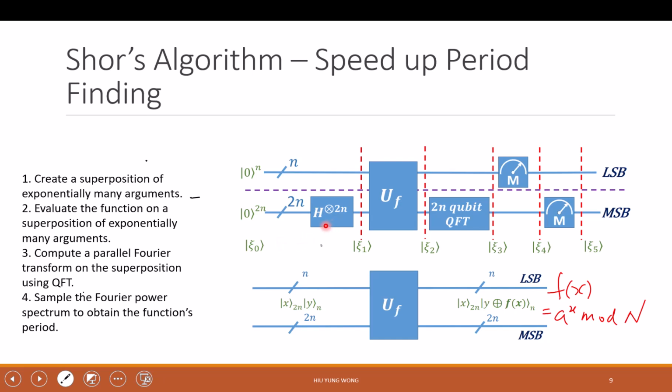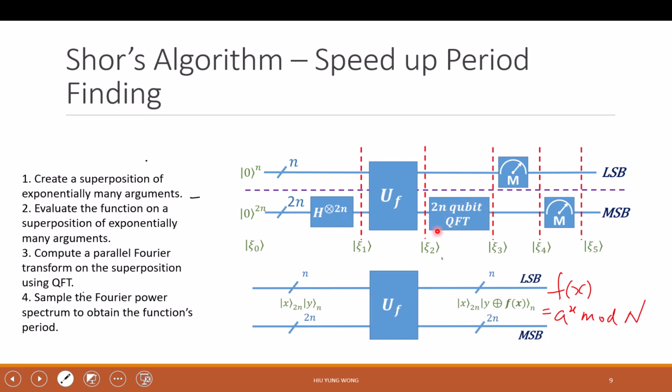And why do we want to create a superposition? Because it will create exponentially many basis states, right? To the power n basis states. Then we pass it to the quantum oracle. What does it mean? You are doing quantum parallelism. You evaluate 2 to the power n of them all at the same time.